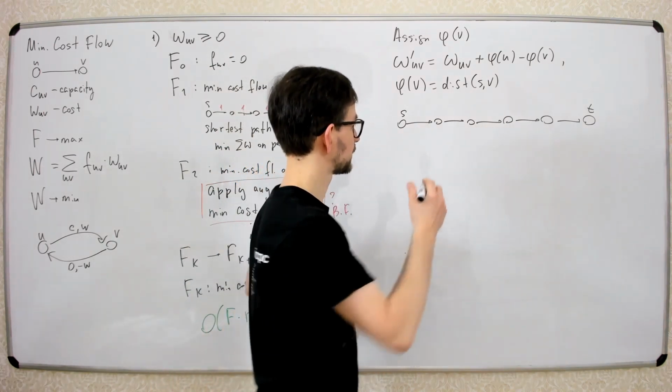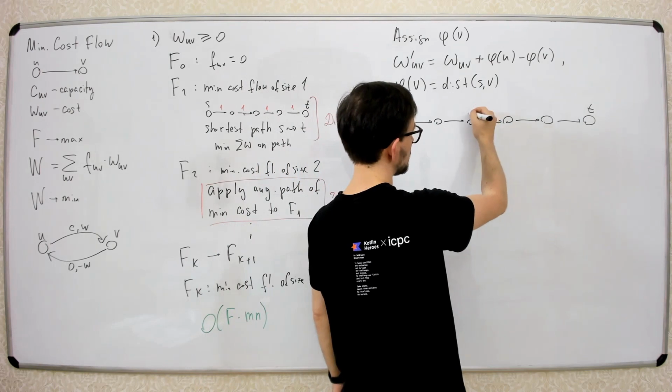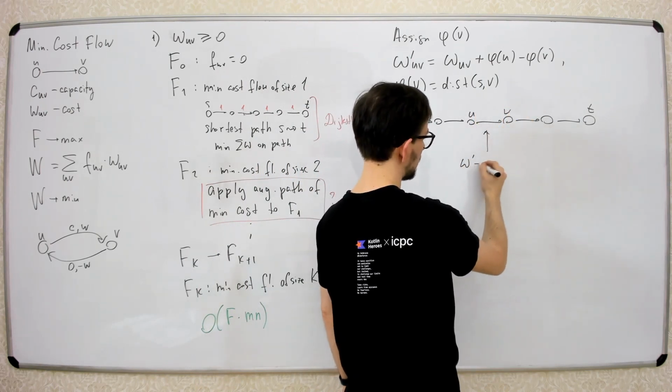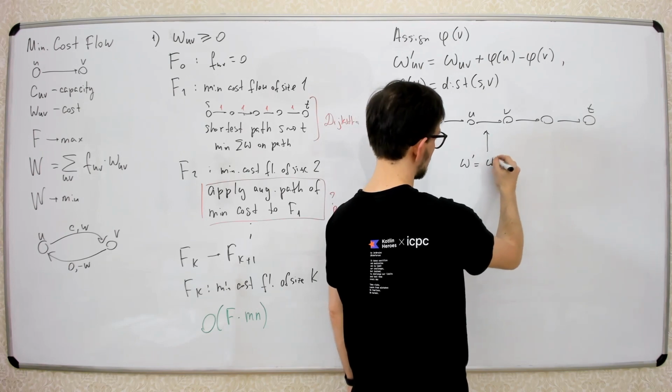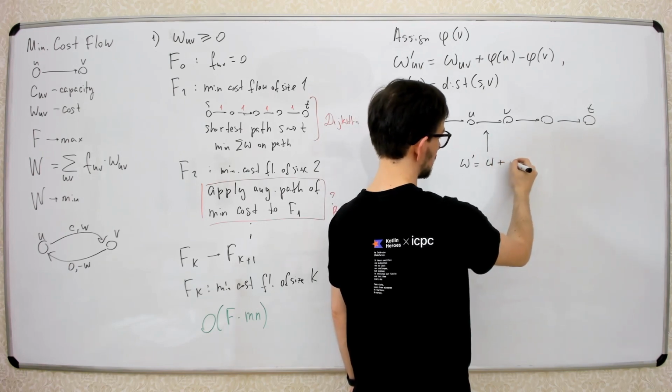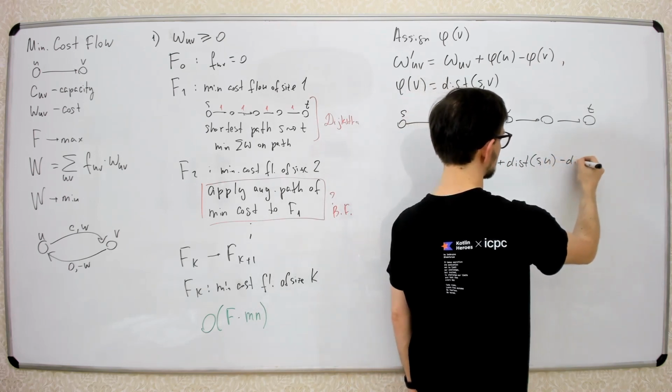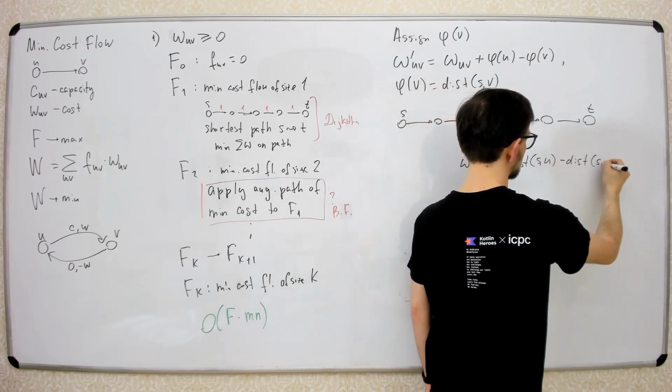What do you think? So let's take two nodes here, let's say U and V. So modified weight is the initial weight plus distance from S to U and minus distance from S to V.